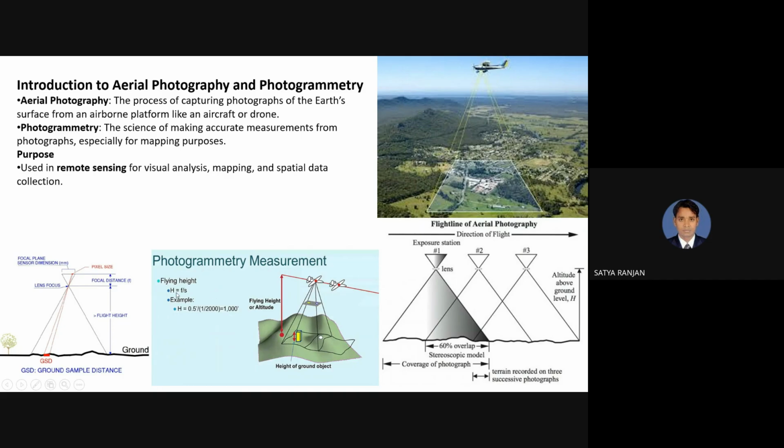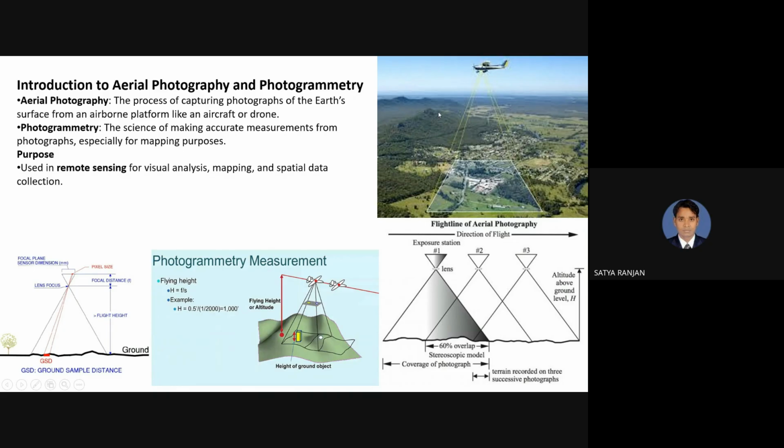Then this is the flying height, that is, the height equals focal length divided by scale. Suppose we have to know the flying height. If the focal length is given as 0.5 inch, and we divide it by the 1 to 2000 scale, then it is calculated as 1000.